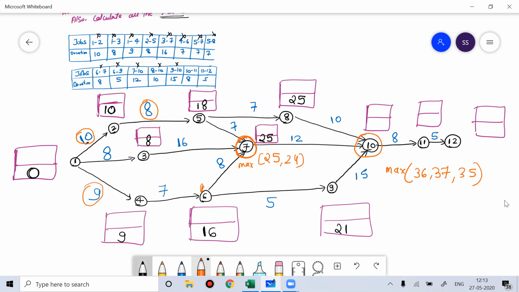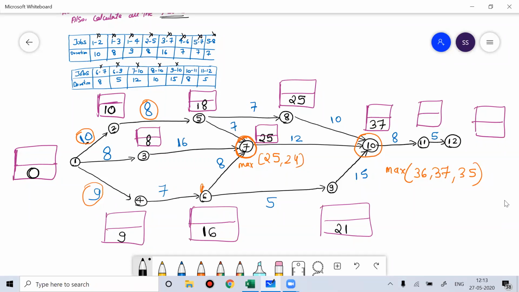So what is the biggest value out of 3? The biggest value is 37. If you take node 10, at node 10 the 3 activities are getting over. One is 8 to 10, which will get over after 35 hours. The activity 7 to 10 will get over after 37 hours.